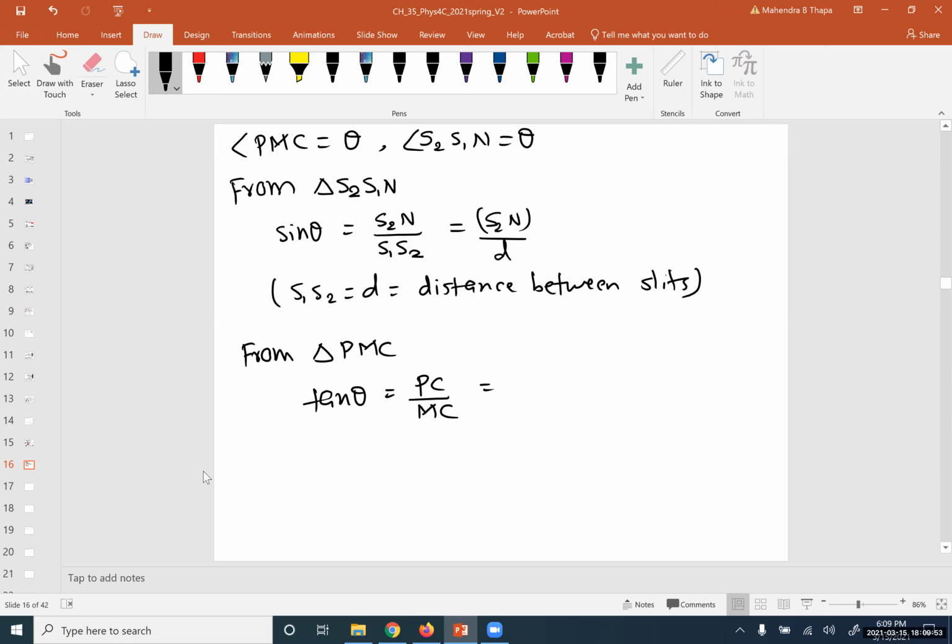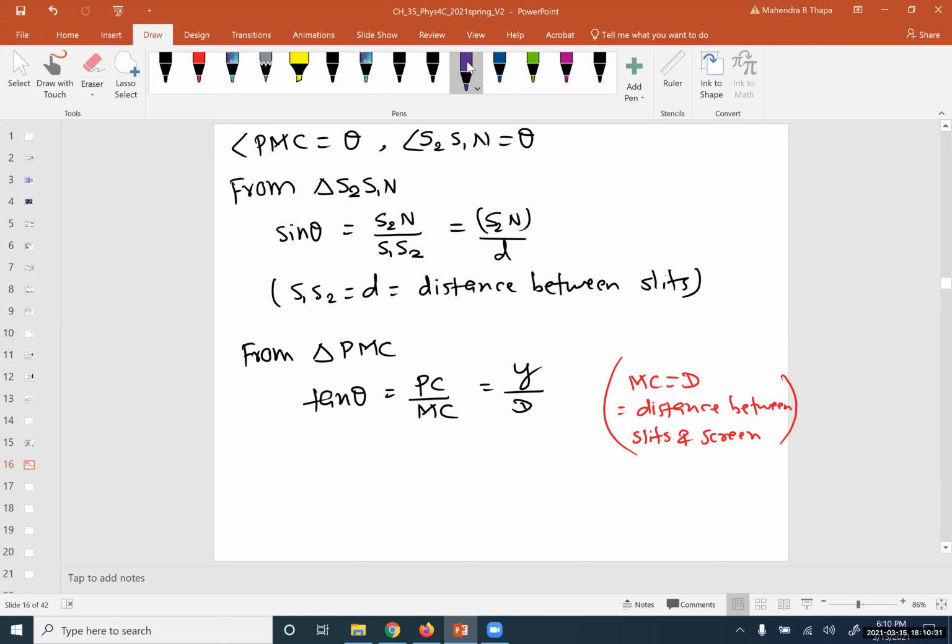PC from the picture is Y, and MC we can say is D. So in this picture, you see that MC equals D is the distance between the slits and the screen.